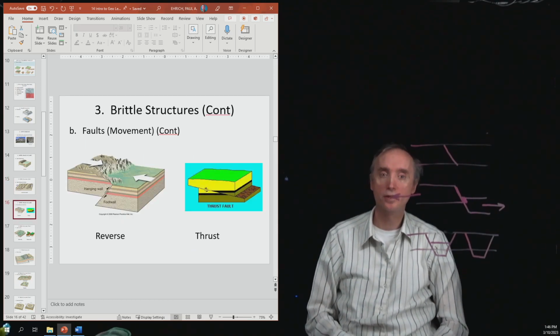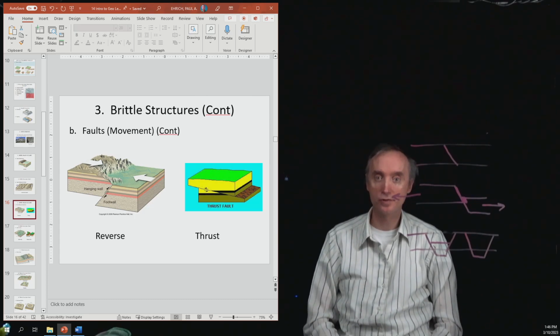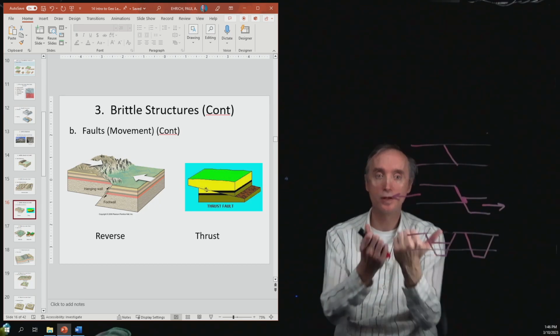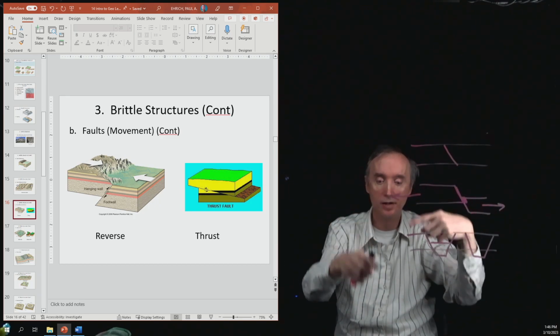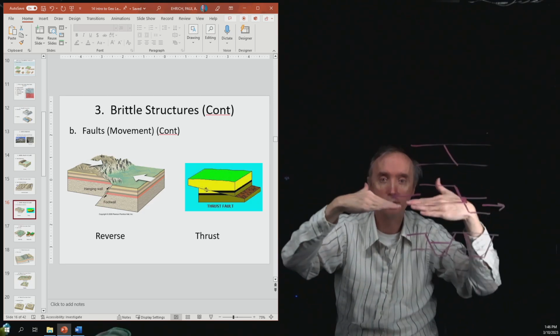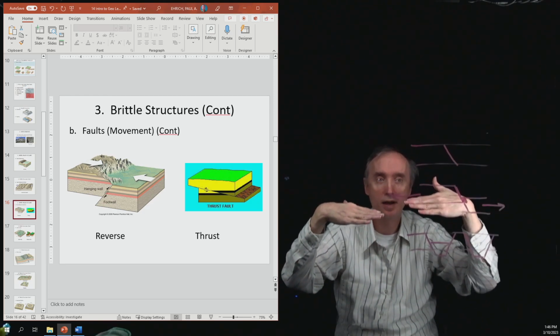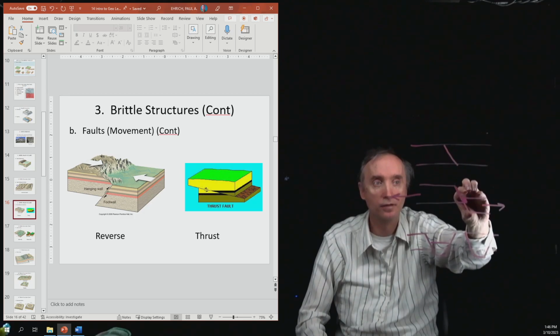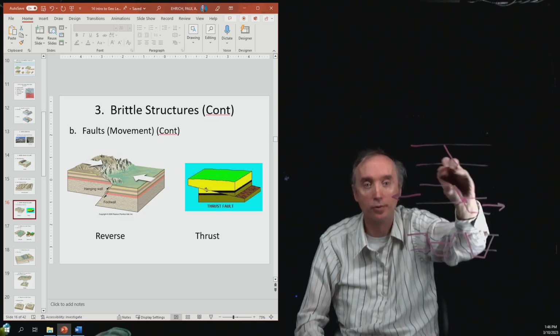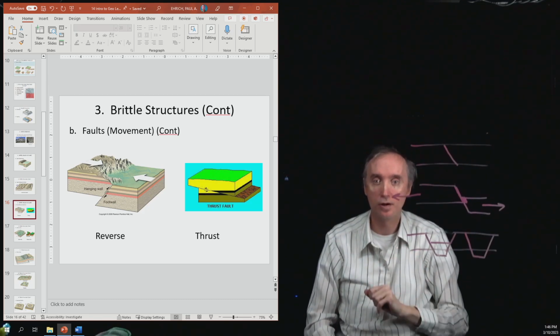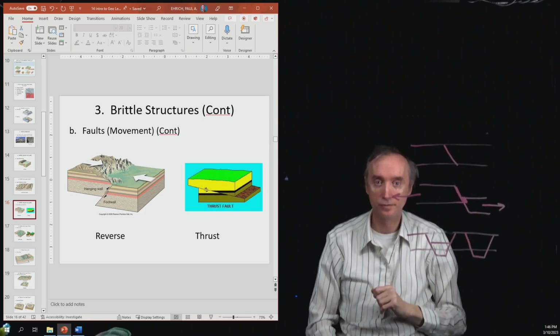Okay, another thing you could have is a reverse fault. But this time, instead of the rocks being pulled apart, the rocks are going to be pushed together. When the rocks are pushed together, instead of one of these things sliding down, it's going to be pushed up, and that's going to be called a reverse fault.